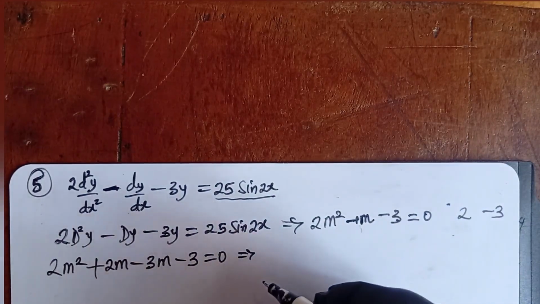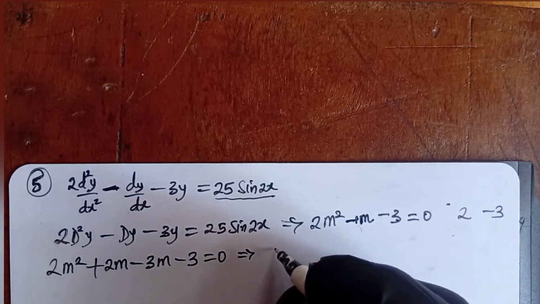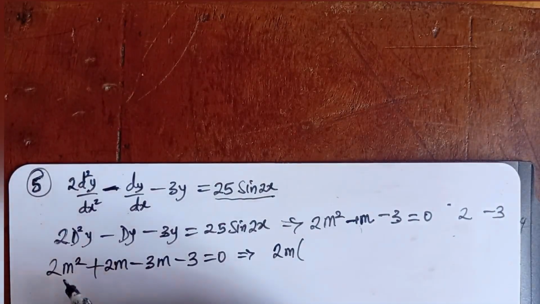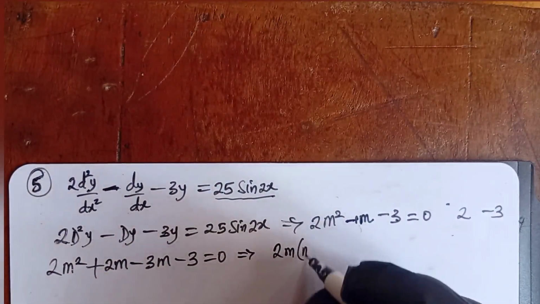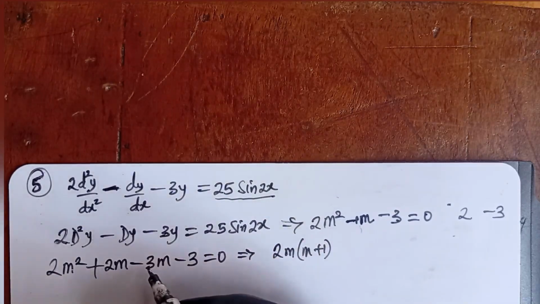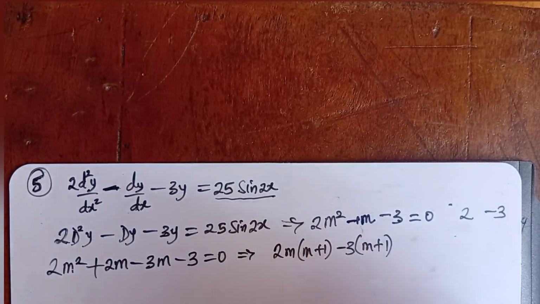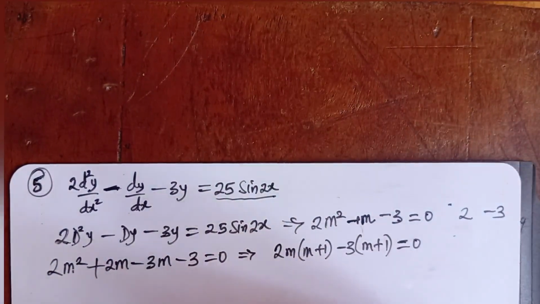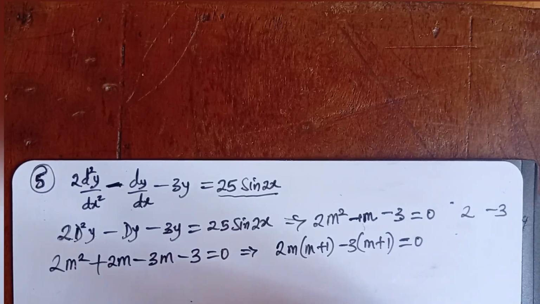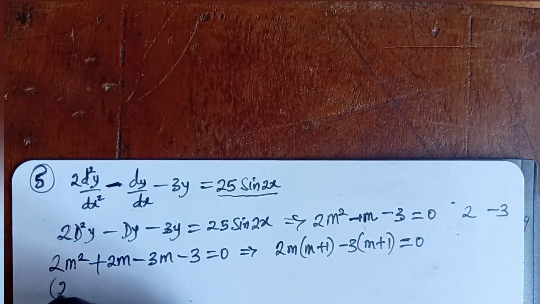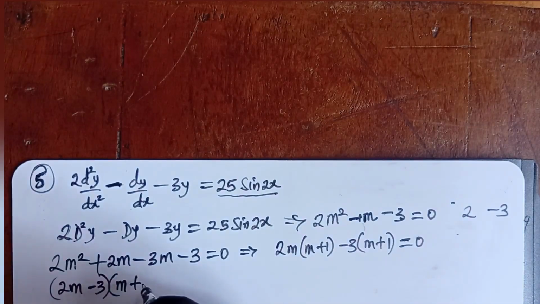So factorizing, 2m can come out, we have m plus 1. Then minus 3 can come out, we have the same m plus 1, equal to 0. So we have 2m minus 3 into m plus 1 equal to 0.